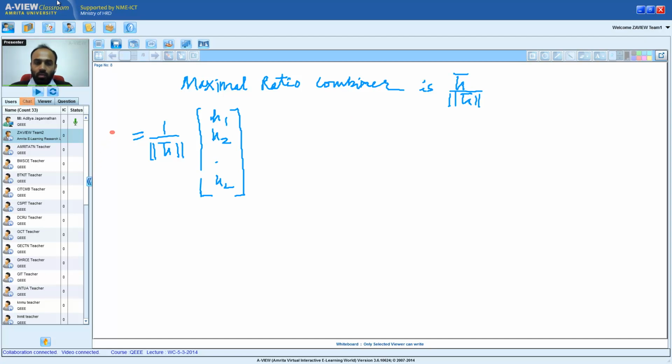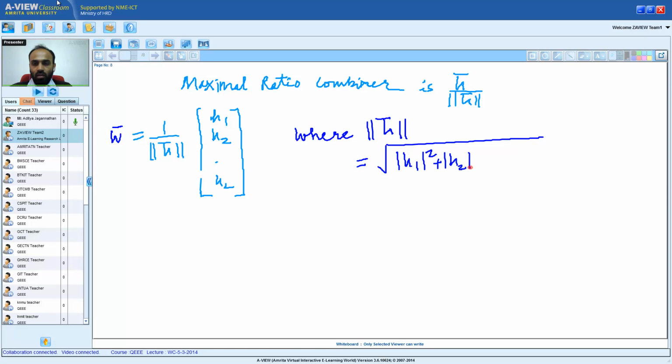That is the vector W bar equals H bar divided by norm H, that is H1, H2, HL divided by norm H, where norm H bar is equal to the square root of magnitude H1 squared plus magnitude H2 squared plus, up to, magnitude HL squared.